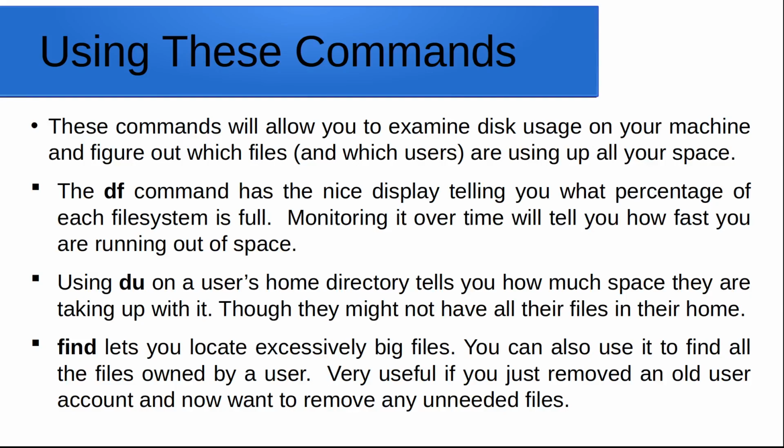It shows you what percentage of each file system is full, and you can monitor this over time to see how quickly you're running out of space. Using du on a user's home directory tells you how much space they're taking up, though they might not have all their files in their home directory. If they've got write access to other file systems or shared file systems, then they're going to have files there as well.